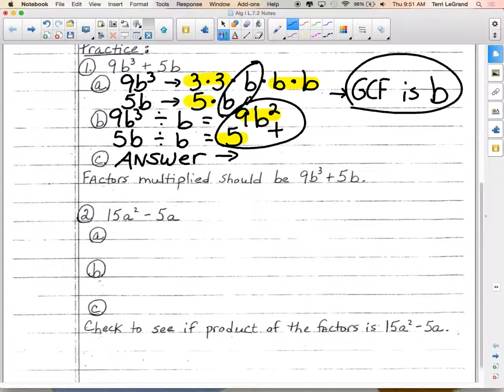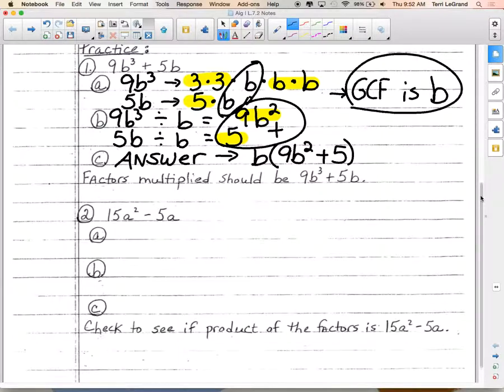We have our GCF, which is b, times, so we'll just show that with parentheses, 9b squared plus 5. We can say that we have factored it if we really could not divide anything else out of that binomial. In other words, do they have anything else in common? Did we do the best we could?